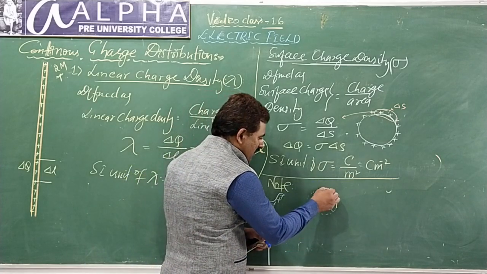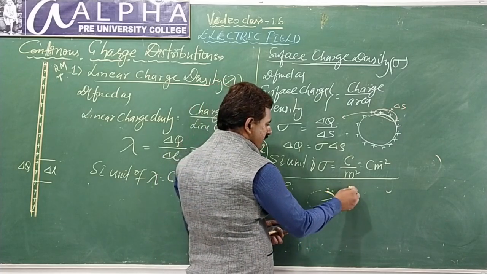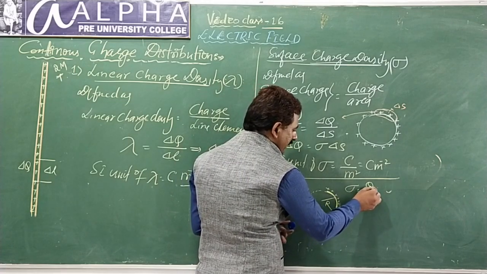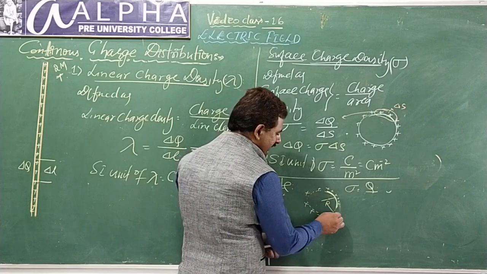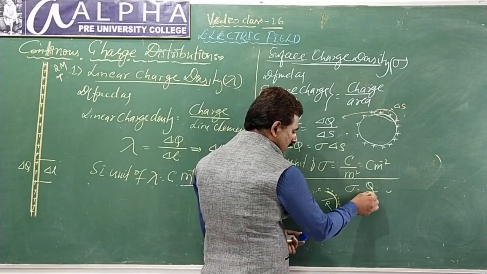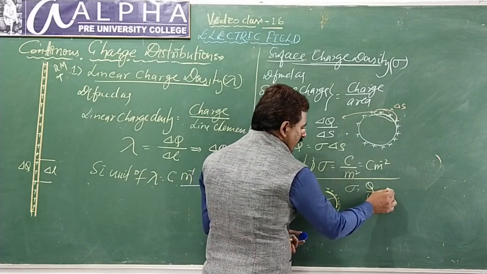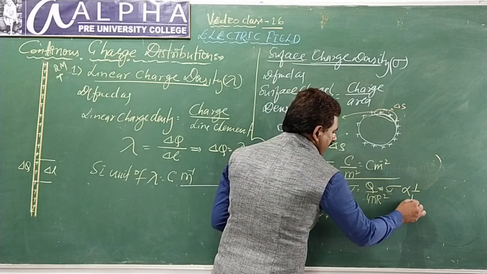If there is charge over the surface, how do you define charge density? Charge density is charge Q divided by area. If this charge is distributed over the entire surface area of the sphere, then what is the area? 4 pi r square. You know this. From this, what do you understand? Charge density is inversely proportional to the square of the radius.